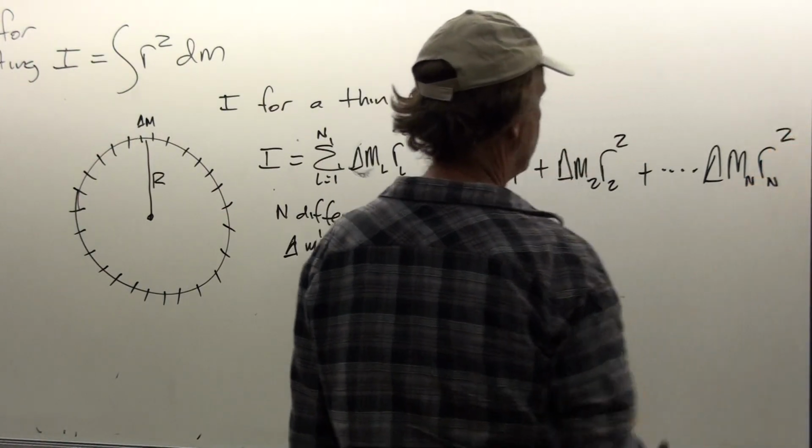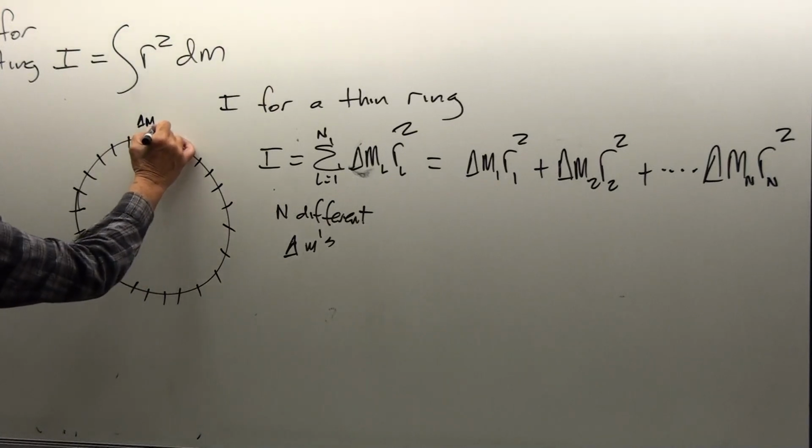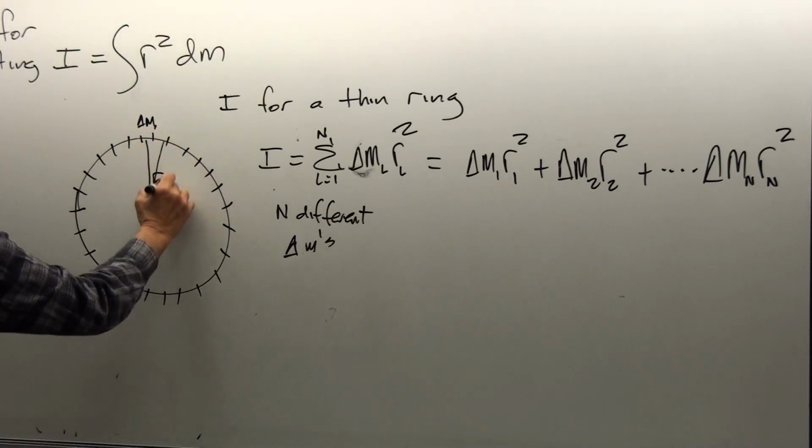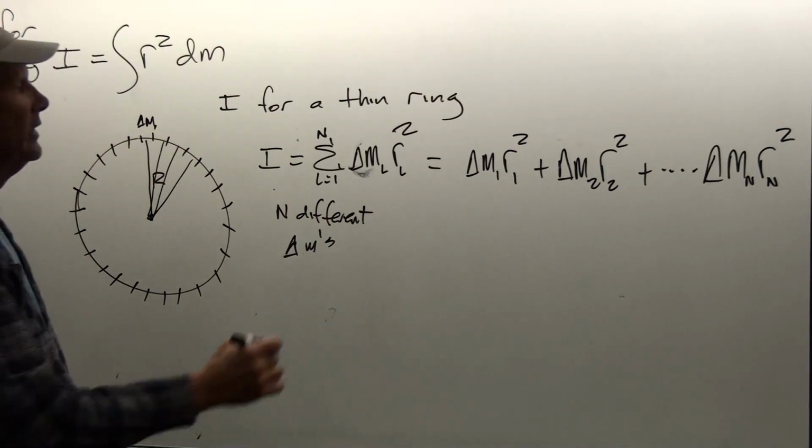rn squared. But all the r's are the same, because if this is delta m1 and this is delta m2 and this is delta m3 and that's delta m4, they're all at the same radial distance away.